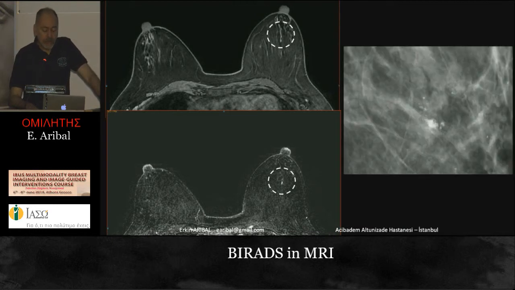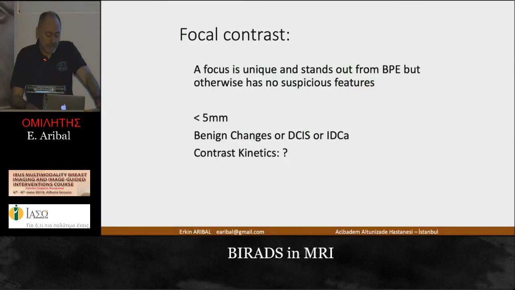But when you compare it with the mammogram, there is a calcification on the same side, so we did the biopsy of the calcification, and it wasn't DCIS. It was an invasive cancer.